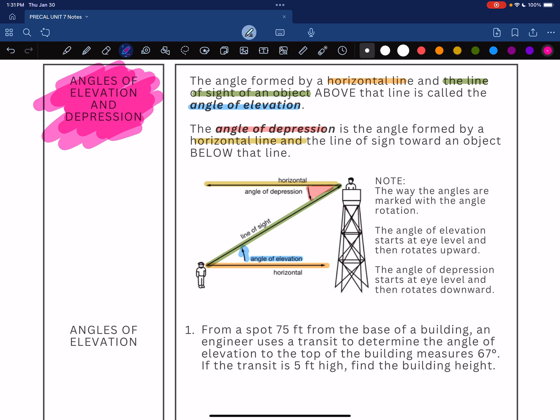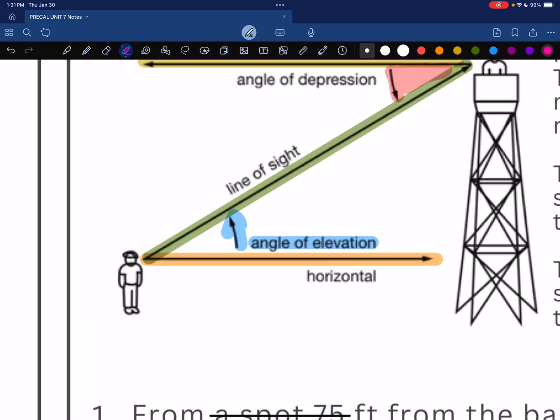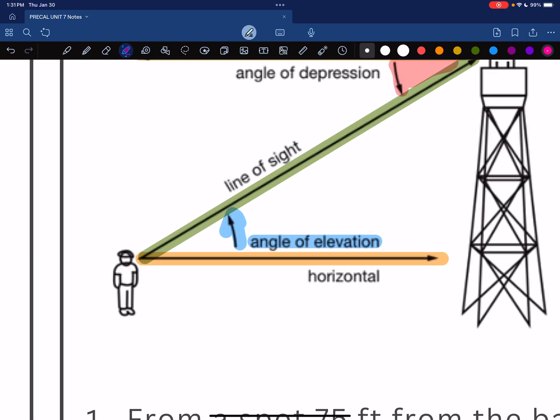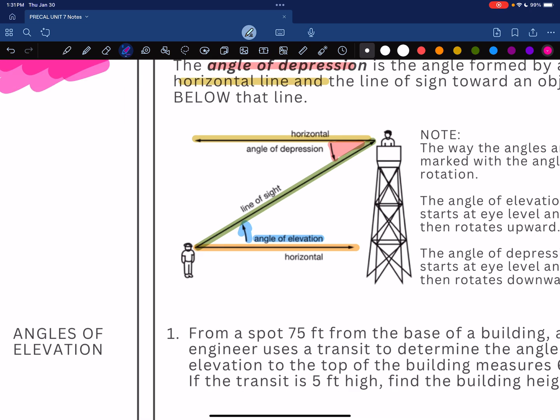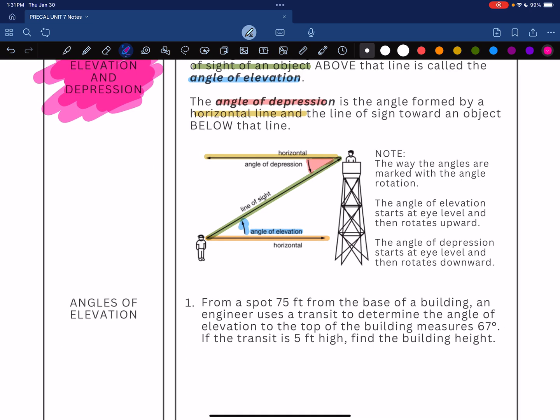And what's super important is the note that I made over here in the margins. The way the angles are marked with the angle rotation, look carefully at that. The angle of elevation here in this little diagram is an angle that starts down and then goes up. Do you see how the arrow is showing an upward rotation?